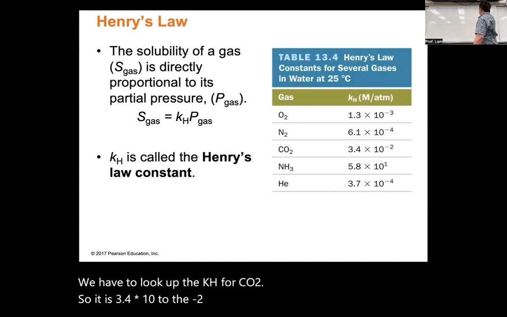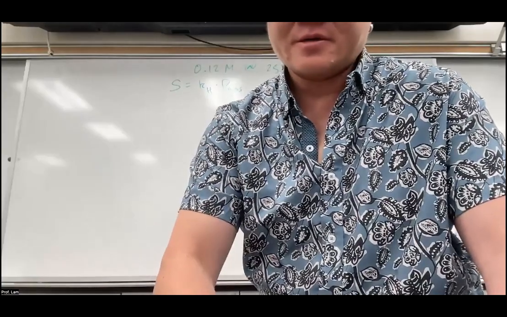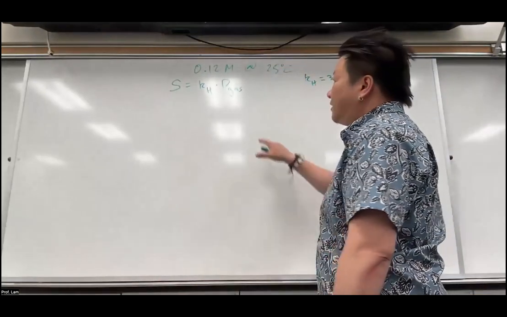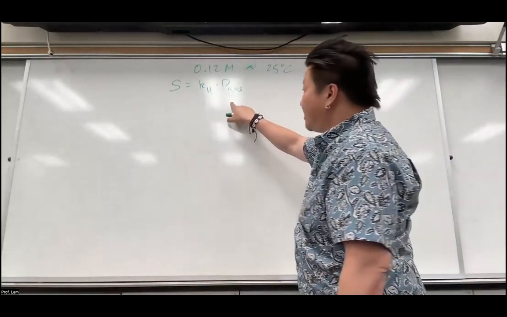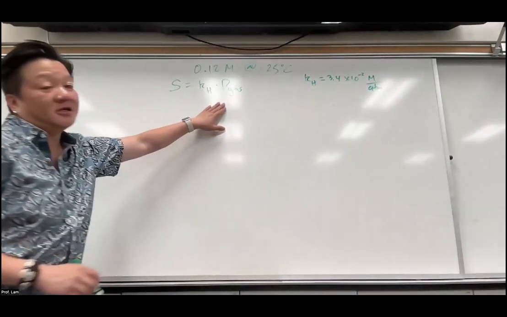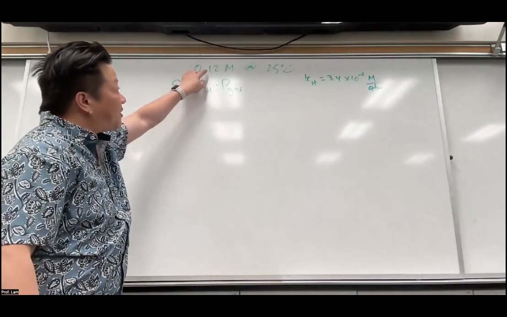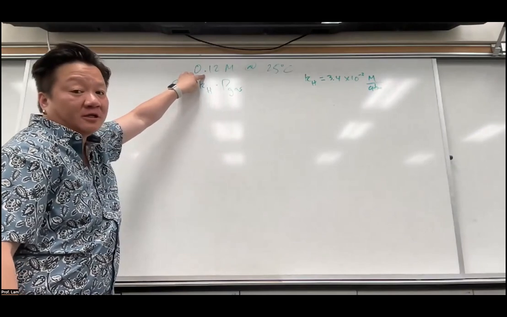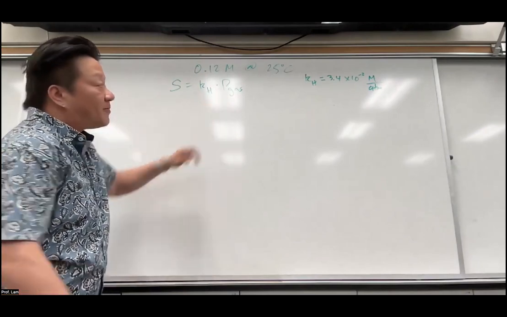Notice the units, it's molar per ATM. Okay, so let's do it. It's asking for partial pressure of the CO2. At what partial pressure of CO2 do we need to have 0.12 molar? So we're going to solve for P gas.